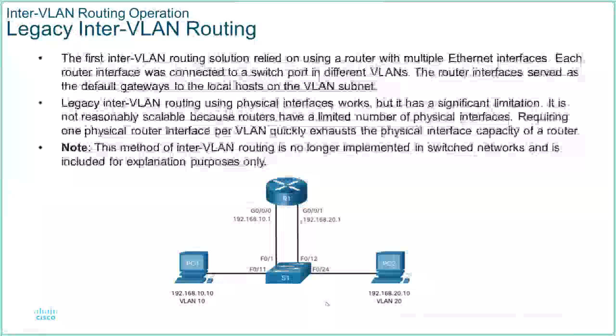It would forward it out to the other network, which was for VLAN 20, and come back down to the same switch and be plugged into a port associated with VLAN 20 and be able to get to the destination.